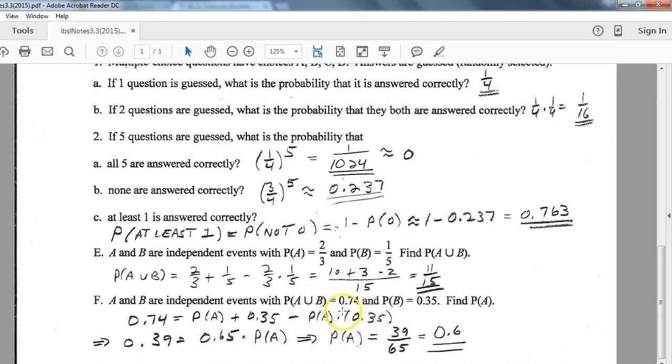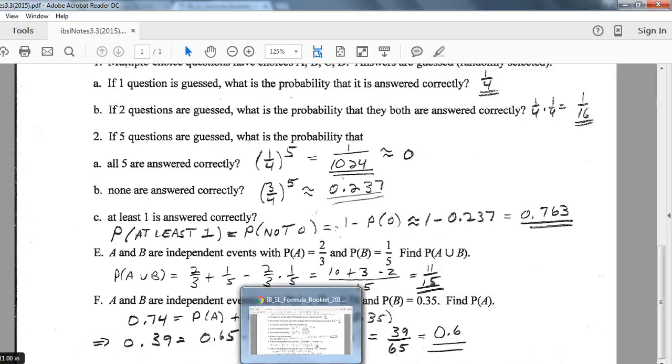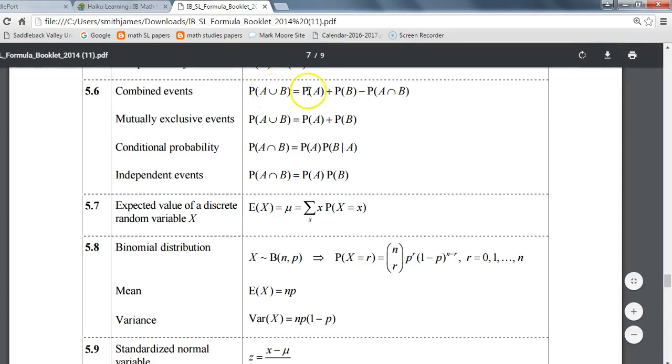This is key. A lot of people miss this on a test, so I'm glad you're watching. If we said A or B, take a look at the formula for A or B. Right? It's A plus B minus A and B. So this needs to get figured out and included. Because they said that these were independent events, this piece of the formula is found by doing this.